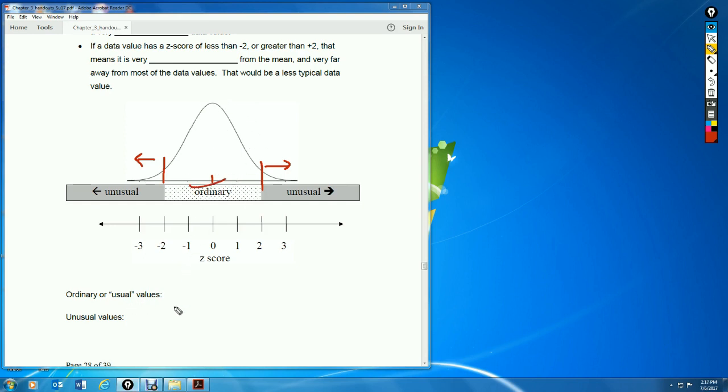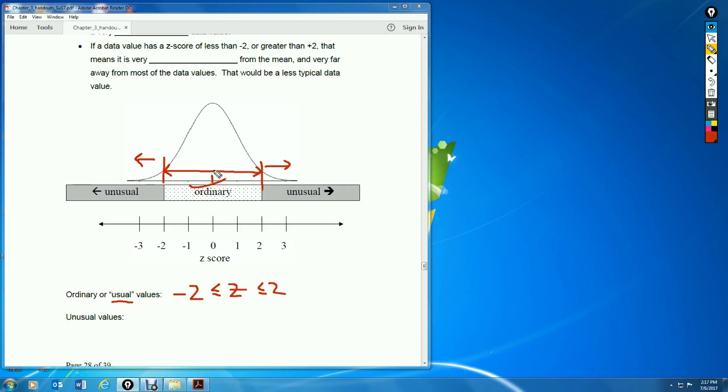So specifically, ordinary or usual data values are defined to have a z-score between -2 and +2. Okay, so in other words, anything in this range between -2 and +2, that's an ordinary data value.